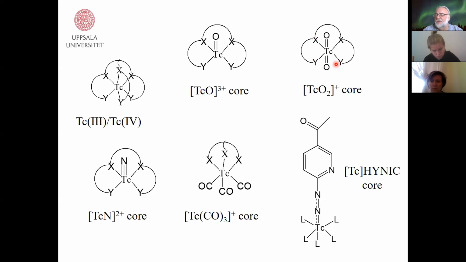It might be phosphorus, it might be sulfur, in some cases oxygen or nitrogen. So again, when coding by donor atom, you might have P2 and 2 complexes and so on. This is also a very common core in radiopharmaceutical chemistry.